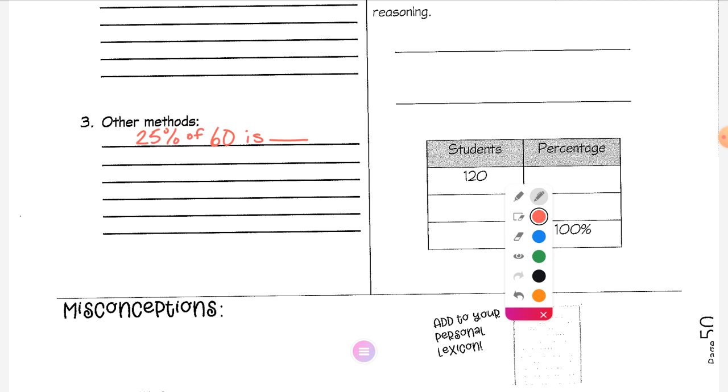First, we're going to solve it as an equation. Who can give me an equation that I could solve to get this answer? Leo? It's 25% times 60 equals blank.